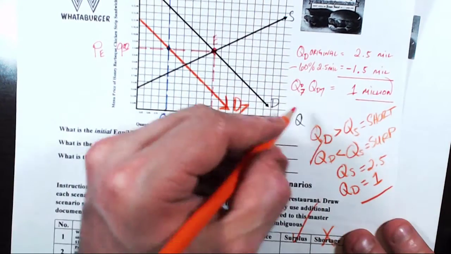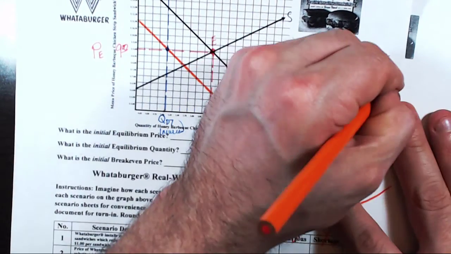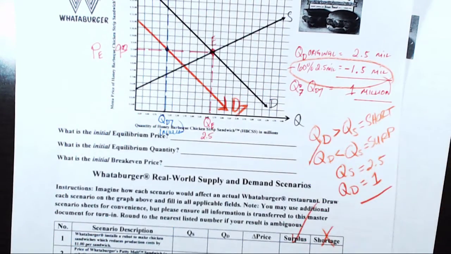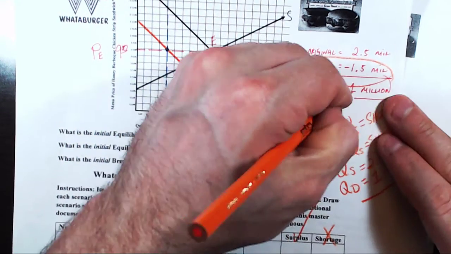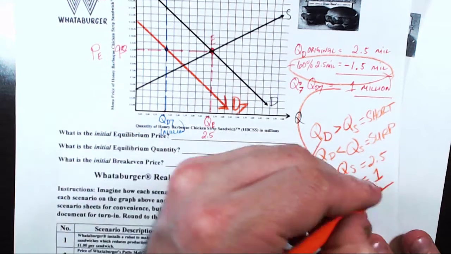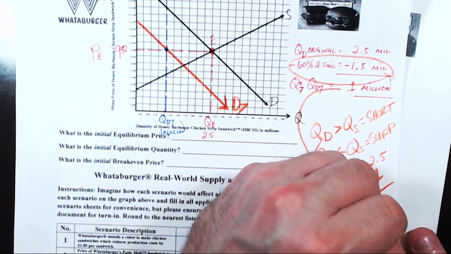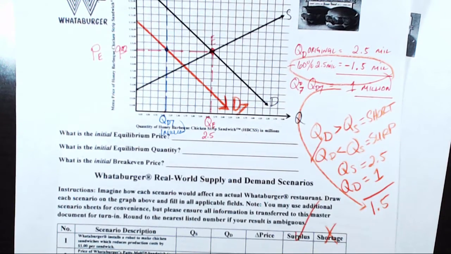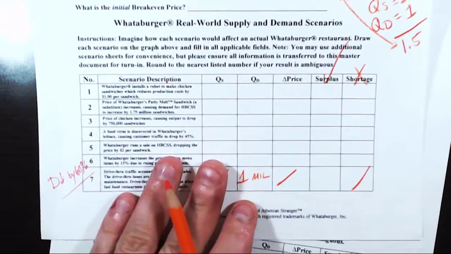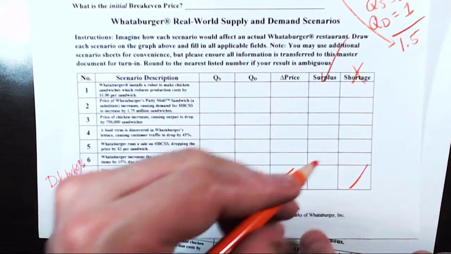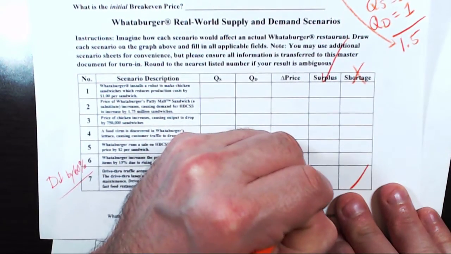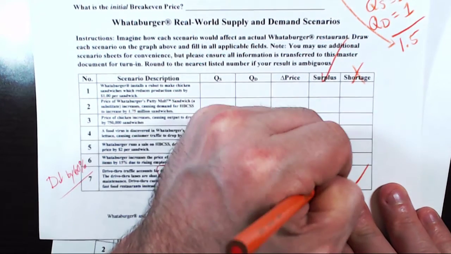All right. Notice that 1.5 million is equal to the drop in customer traffic, so we'll bring that value down here and say 1.5 million is the surplus. All right, so that's the value we put here. The surplus is 1.5 million.